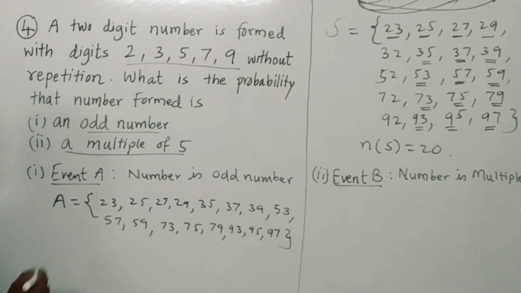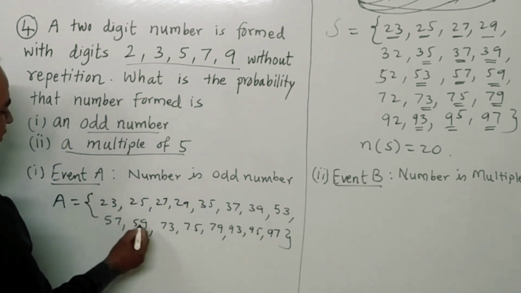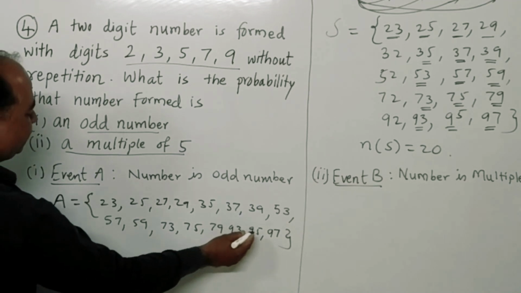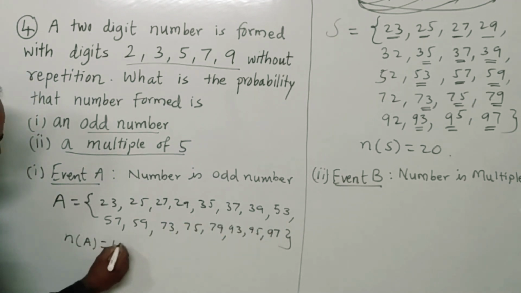So the total sample points are 1, 2, 3, up to 16. So the number of sample points in event A is equal to 16. Those are the odd numbers.